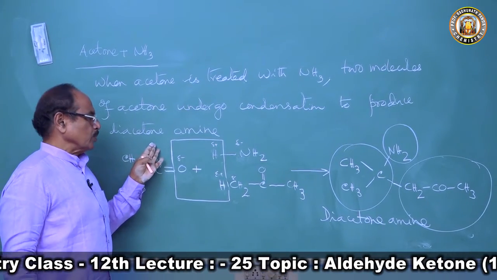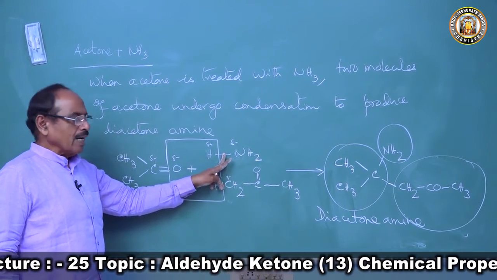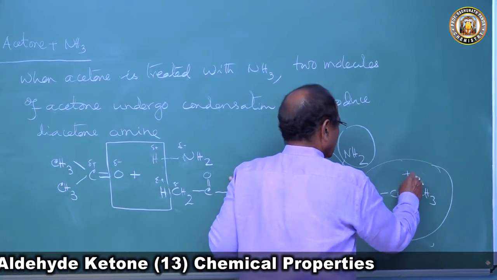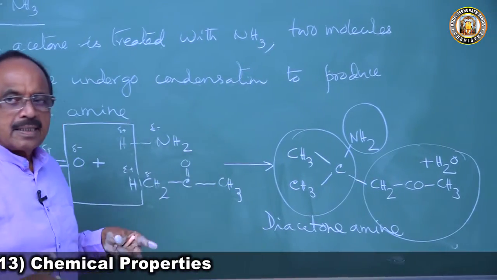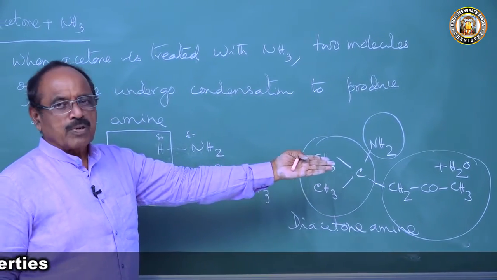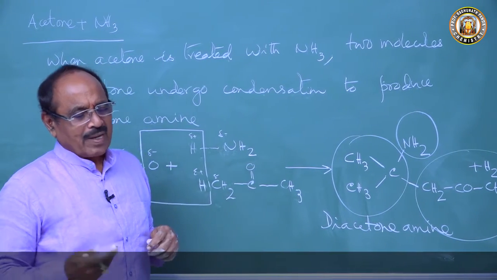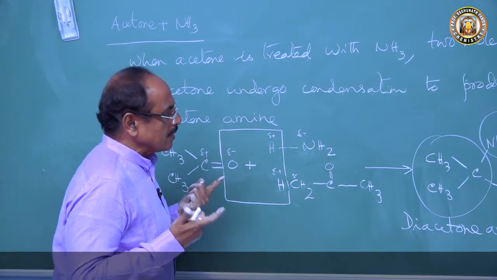When you come to acetone, 2 molecules of acetone react with one molecule of ammonia, but there is a loss of a molecule of water. Here all 3 molecules are added to each other and a water molecule is lost. Hence this reaction is called a condensation reaction. So this is the way they differ.